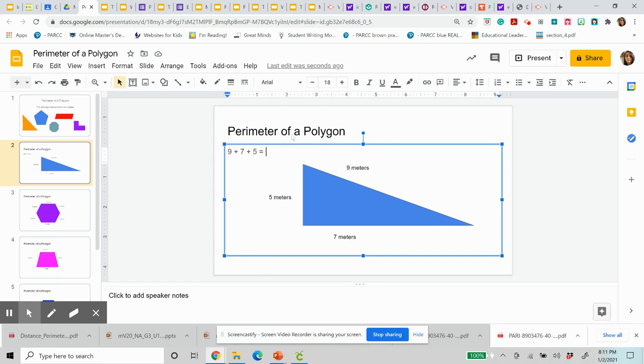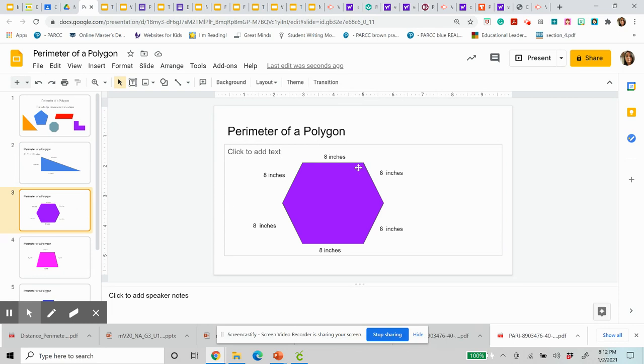Okay, so you add them all up. 21 meters, right? 9 plus 7 is 16, plus 5 more. 17, 18, 19, 20, 21. Okay? So the perimeter, the outer edge would be 21 meters.